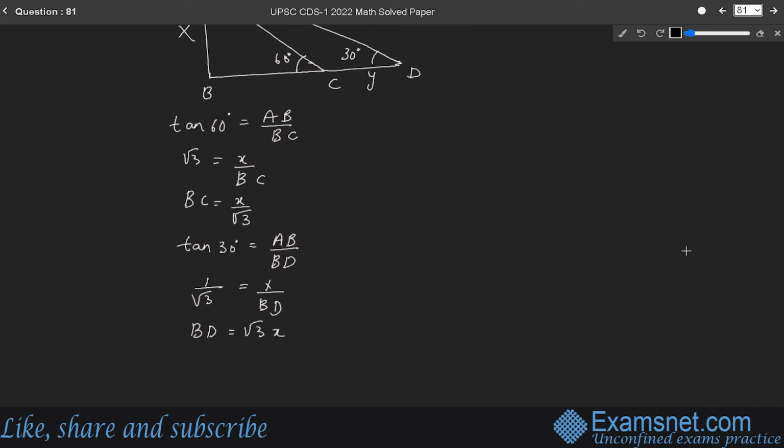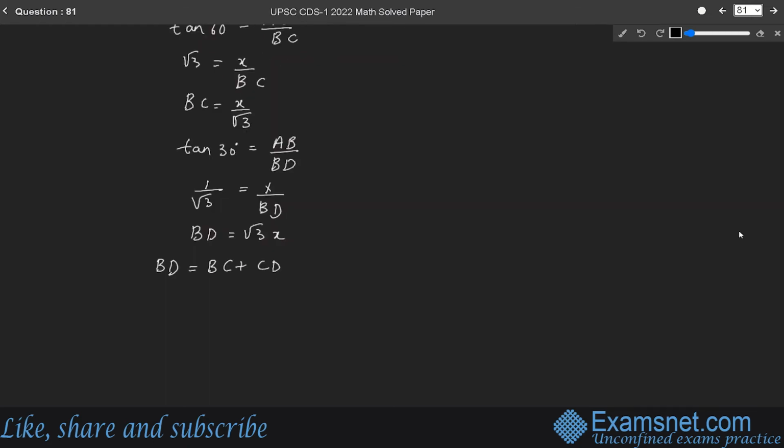Now you can see in the diagram that BD is the sum of BC plus CD. So we can write that BD is equal to BC plus CD. Now putting the values here, we will get root 3x is equal to x upon root 3 plus y. So root 3x is equal to x plus root 3y upon root 3.